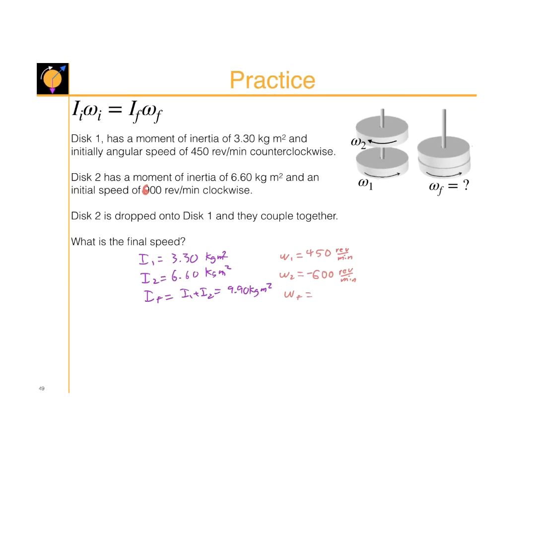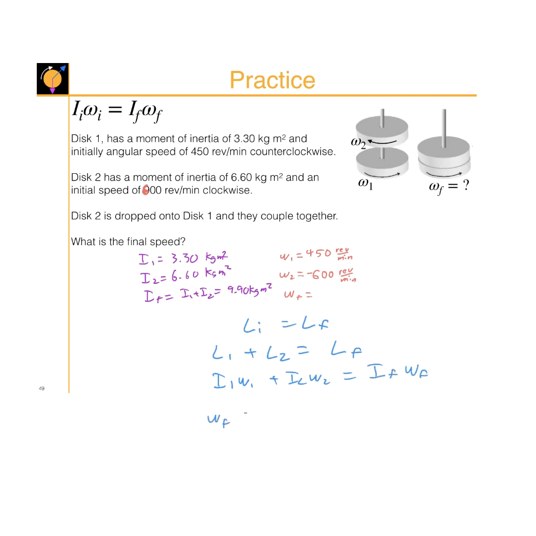So it's all about L initial equals L final. L initial is going to be the initial angular momentum of disk 1 plus the initial angular momentum of disk 2, and that's going to equal the angular momentum of the final thing. So this is I1 omega 1 plus I2 omega 2 equals I final omega final.